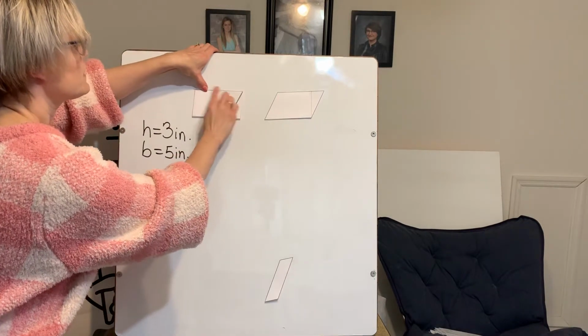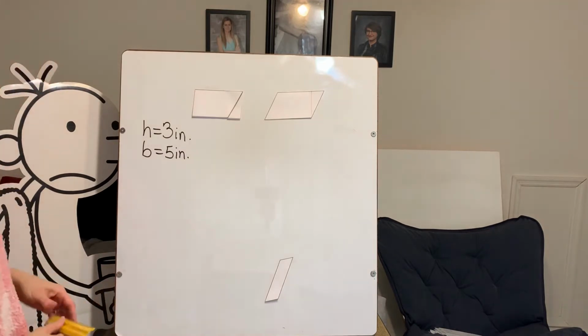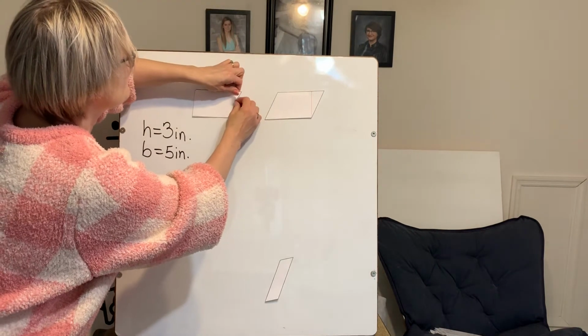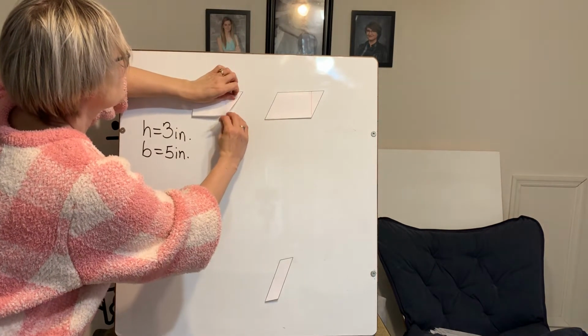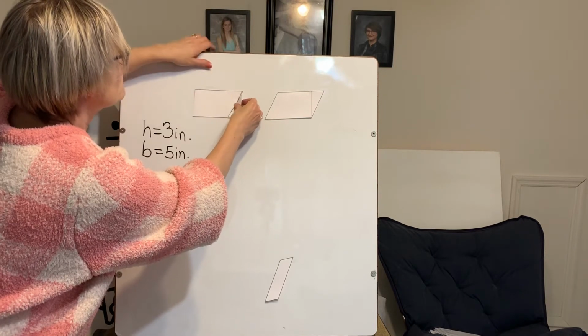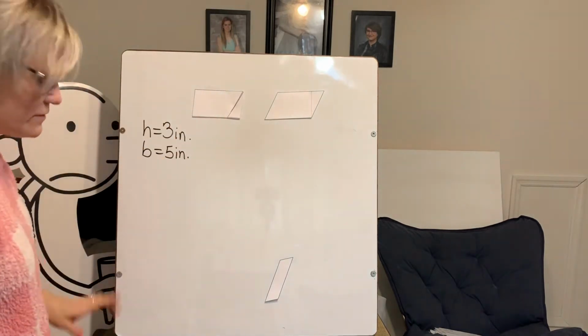Now I want to measure this again and make sure that I have this lined up, and this is bothering me, I'm sorry. There we go, that's a little bit better. It was overlapping down here, it was bothering me.